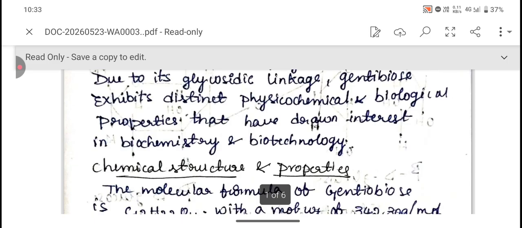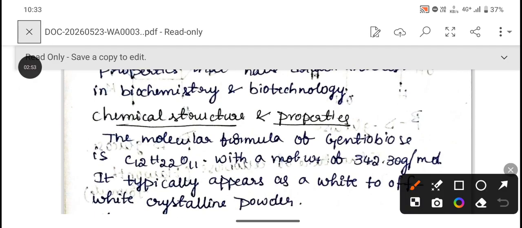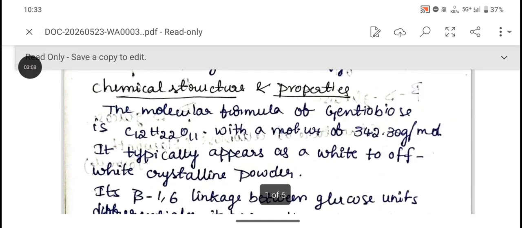Let's see the chemical structure and properties of Gentiobiose. The molecular formula of Gentiobiose is C12H22O11, with a molecular weight of 342.30 grams per mole. It typically appears as a white to off-white crystalline powder.